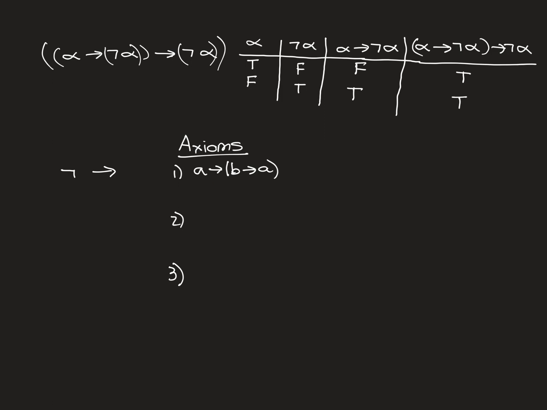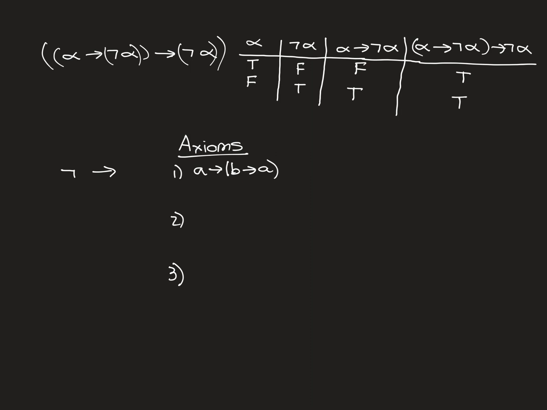Anything of this form, A implies B implies A, is axiom 1, or the first axiom scheme in our Hilbert proof system. Again, A and B are not propositional variables, they are formulas. For example, I could take this whole formula and stick it in there as A. As long as I put the same formula here as here, that falls into the set of well-formed formulas that we're going to have as our axioms in our Hilbert proof system.